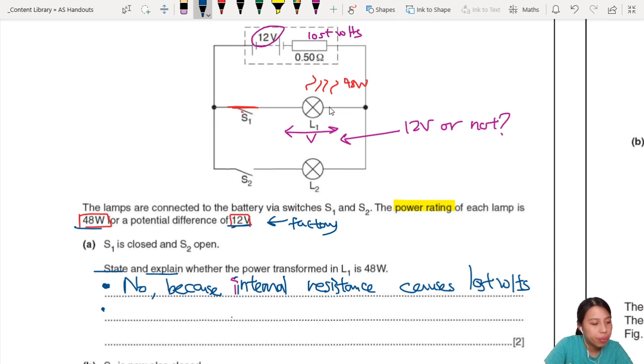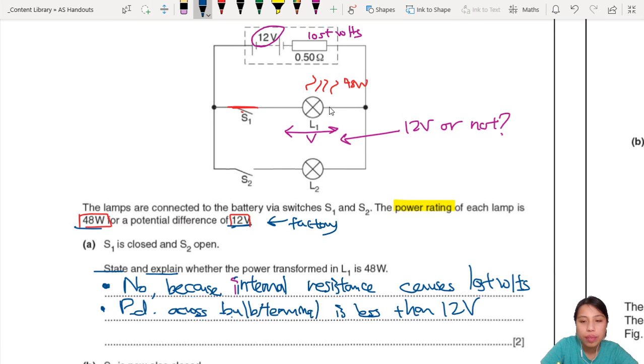Therefore, the potential difference across the terminal, or across the bulb, in this case it's still the same, is less than 12 volts. And you won't dissipate 48 watts anymore. The power is less than 48 watts.